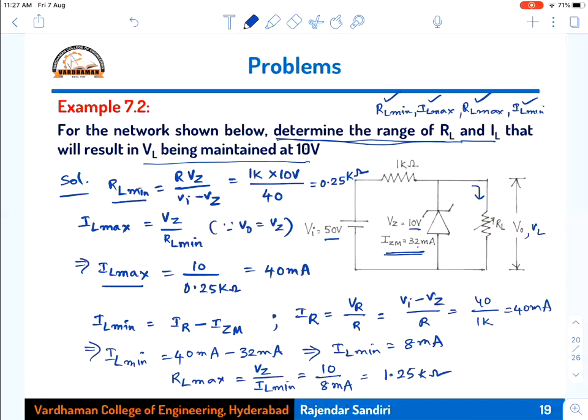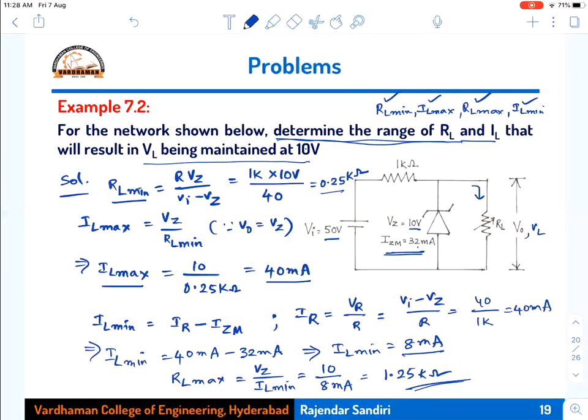So what will be the range of RL and IL? We have to calculate. IL maximum is 40 milliamperes, IL minimum is 8 milliamperes, and RL minimum is 0.25 kilo ohms, and 1.25 kilo ohms is the maximum.